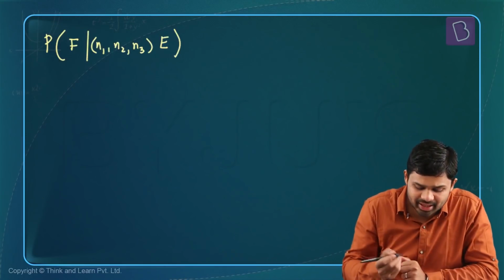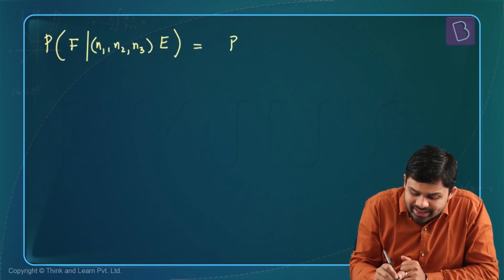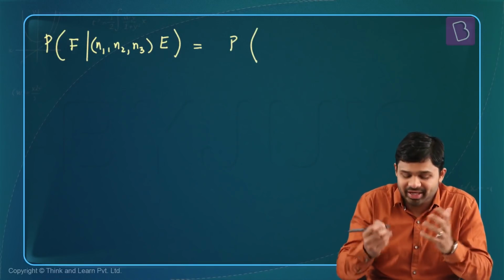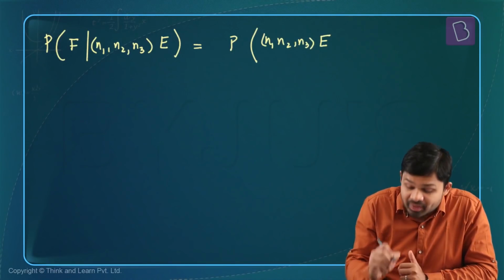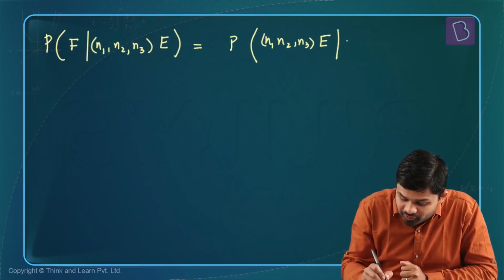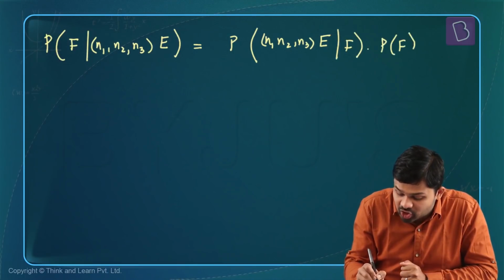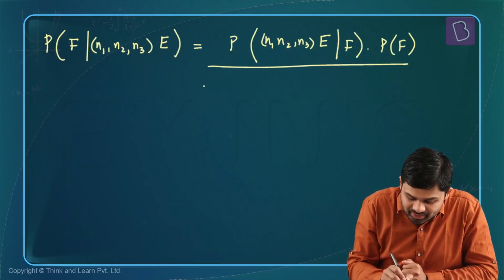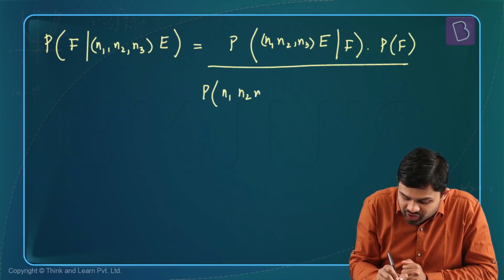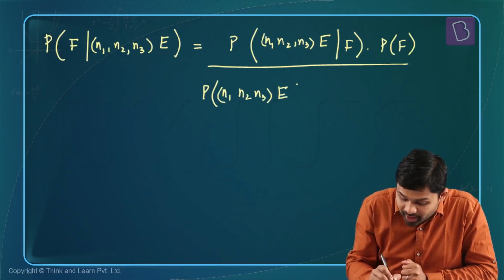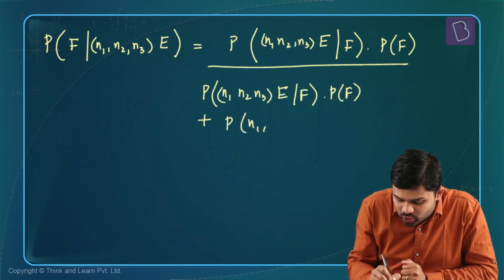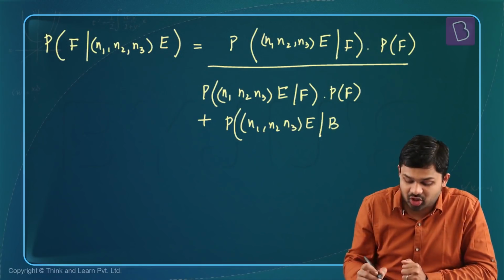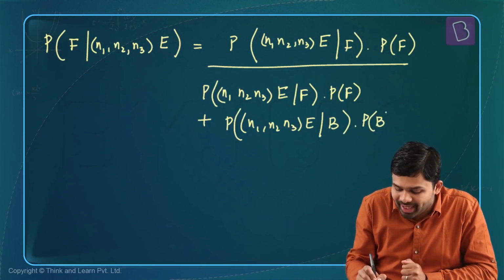So using Bayes theorem, this will be equal to the probability that n1, n2, n3 satisfies that event with the throw of the fair die, into the probability of throwing a fair die, divided by the same thing, plus the probability that n1, n2, n3 satisfy the event with the biased die, and then the probability that a biased die is thrown.